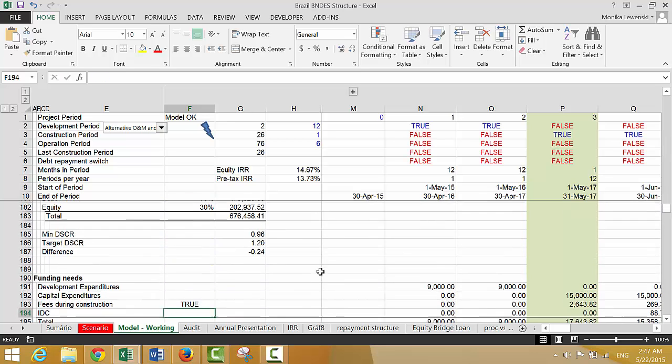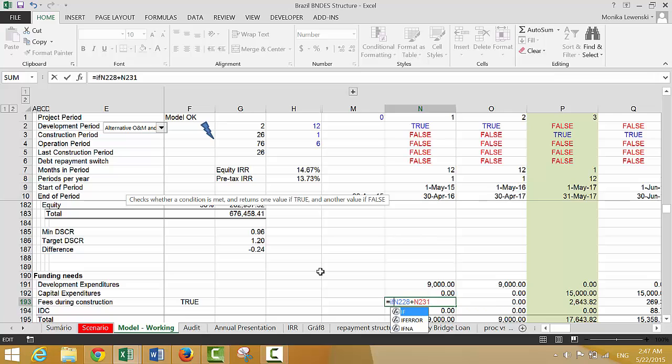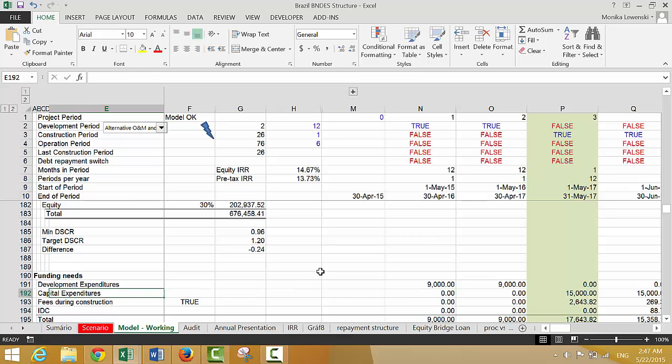Okay, so what we do is put if, this is fees during construction. Okay, so we should put that down here.